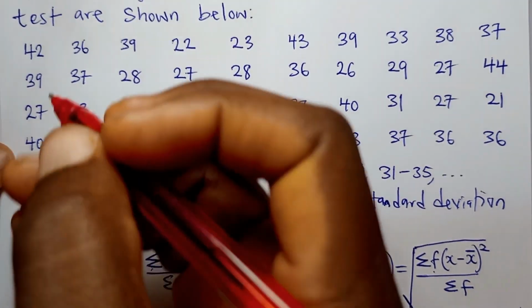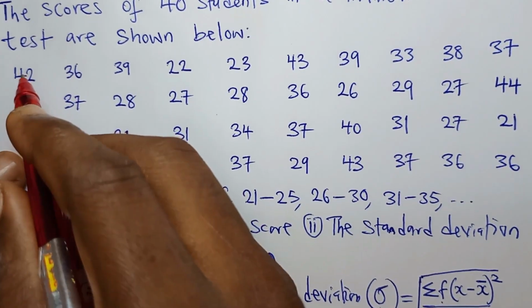So 21 to 25, let's count carefully so that we will not do it 2 times.